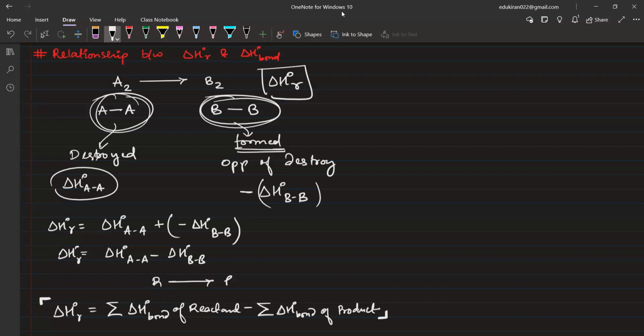Hamid got disconnected, I think. Abdul Hamid, you are here. Okay, fine. Abdul Hamid, आपको समझ में आया? Relationship between enthalpy of reaction and the bond dissociation energy, या bond enthalpy. ठीक.